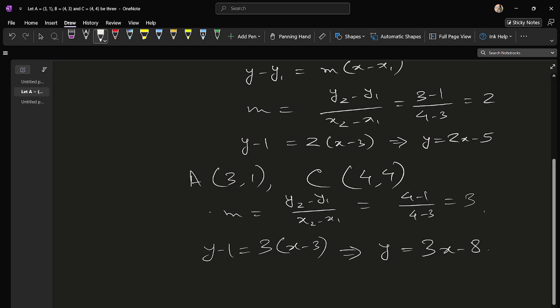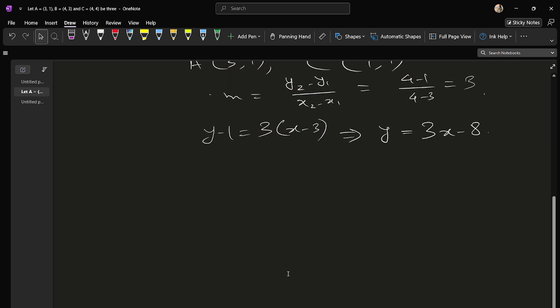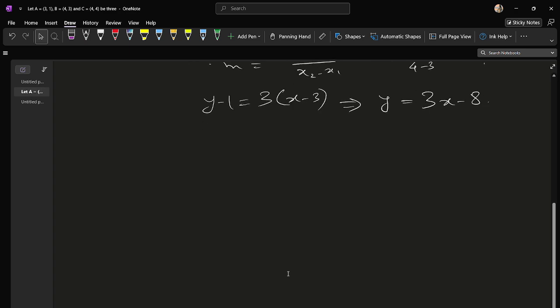After that, what can be done here? The height of D is maximized when D is at the highest point on OC, that means at point C, which is (4, 4).